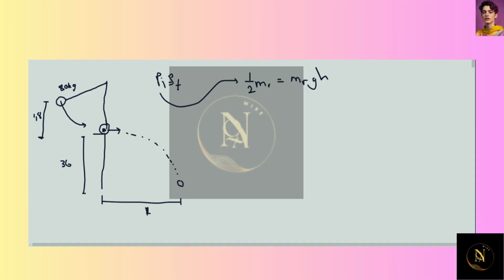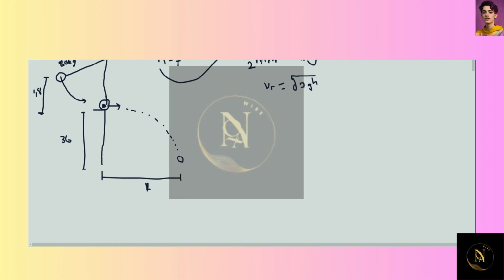The potential energy of the rock up here, m g h, converts all of it to kinetic energy, half m v rock squared. This would be the velocity of the rock right before the collision. Notice the mass is common, so the velocity of the rock before the collision is just the square root of 2gh.